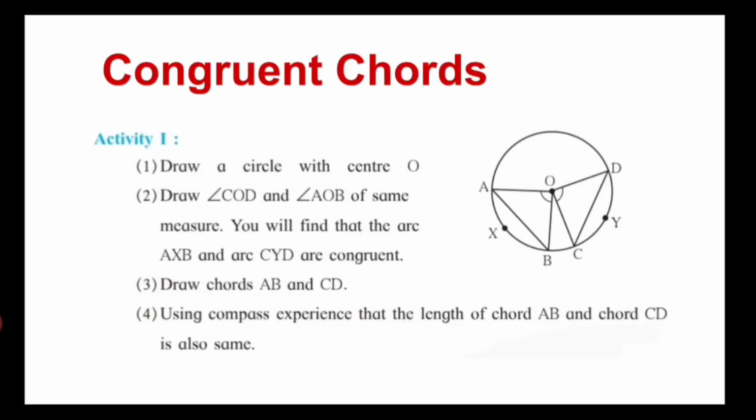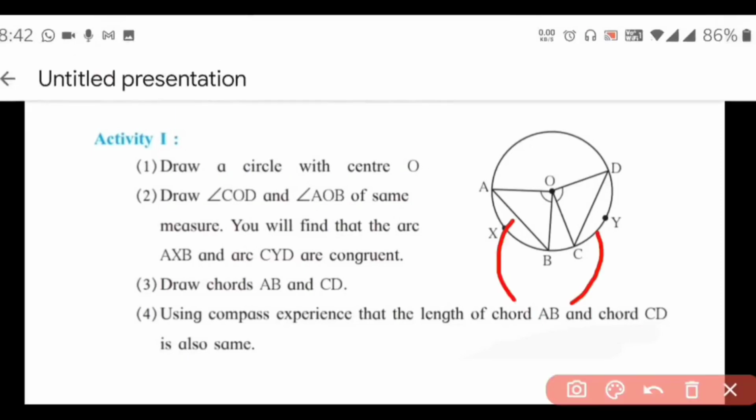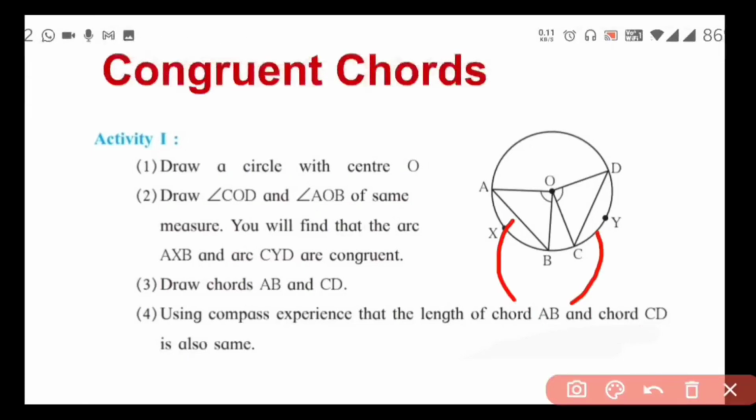You will find that the arc AXB and arc CYD are also congruent because angles AOB and COD are congruent with each other, and that's why the arcs subtended by them are also congruent. When we join points A and B, we get chord AB.